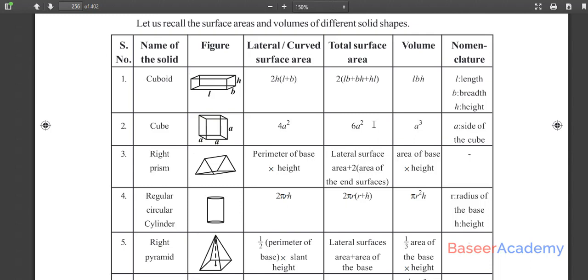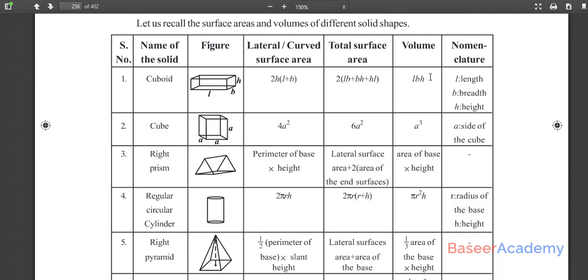One little hint that would help you is that the sum of the powers in a volume will always be 3. Let's look at the volume of a cuboid. The volume of a cuboid is LBH, right? The power of L is 1, the power of B is 1, the power of H is 1. 1 plus 1 plus 1 is 3.